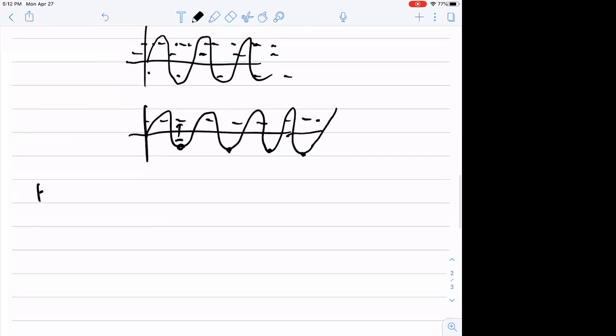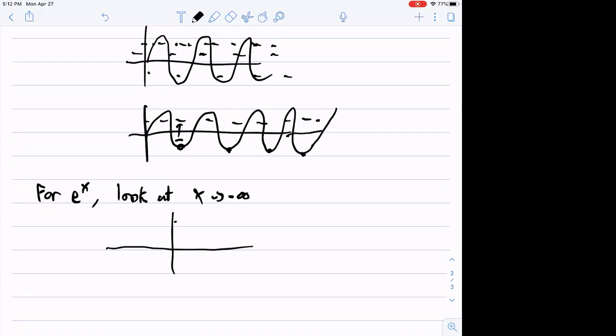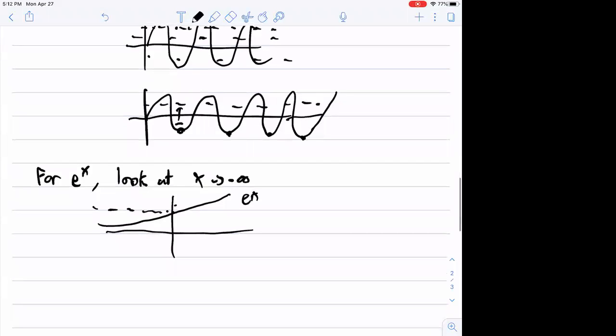And for e to the x, you look at x going to negative infinity. Here again, the exponential when x goes to negative infinity is bounded by 1, so it's bounded from 0 to 1.